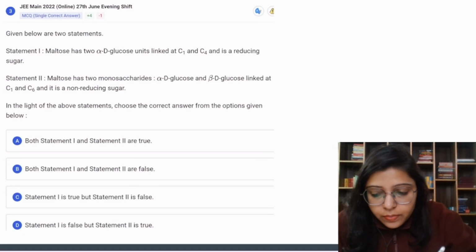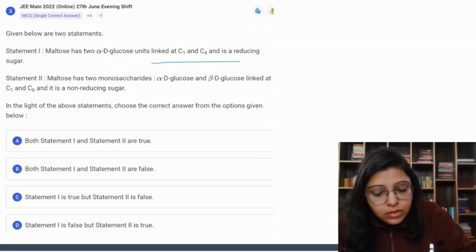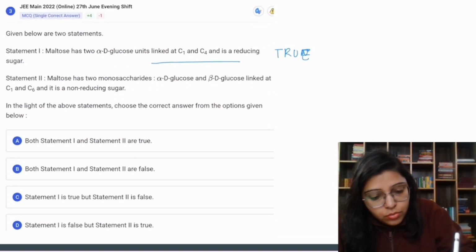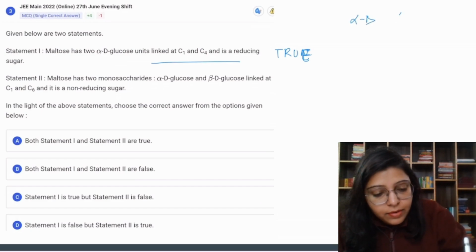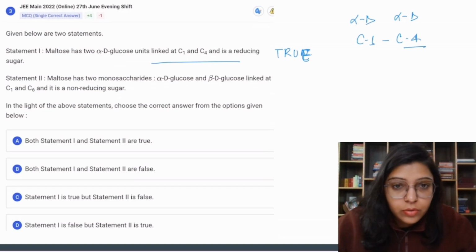Question says maltose has two alpha D glucose units linked at C1 and C4 glycosidic linkage and is reducing, which is very true. Maltose is formed from alpha D glucose and we have glycosidic linkage in between carbon number 1 of one alpha D glucose and carbon number 4 of another alpha D glucose.